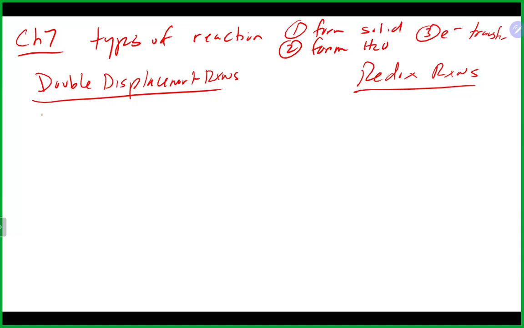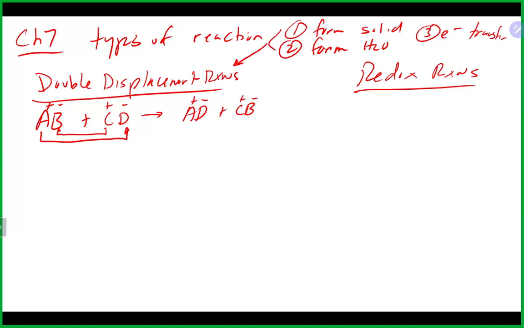Double displacement reactions always have this setup, AB plus CD. These are two ionic compounds. And basically what always happens is we switch partners and we make new ionic compounds on the other side. So we end up with AD and CB here. And in this particular case, this takes care of two of the three reasons why a reaction takes place.